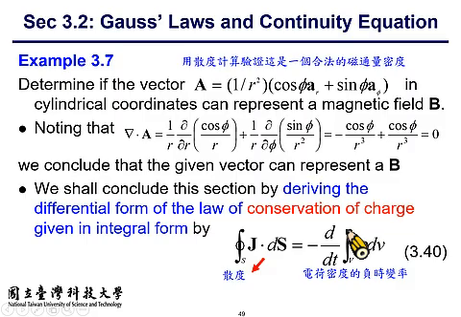Because the left is a closed surface integral, it can be replaced with a divergence operator. And the right shrinks to a point, so it becomes the time derivative of electric charge density. So it is minus del rho divided by del t.